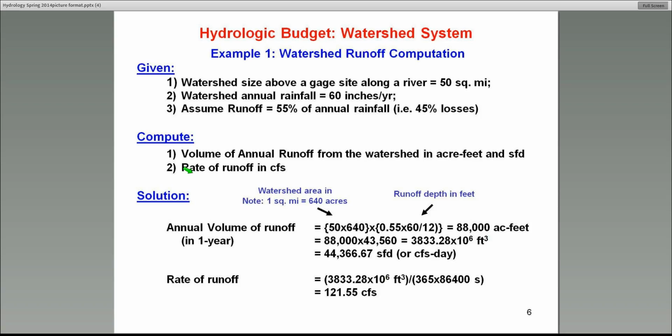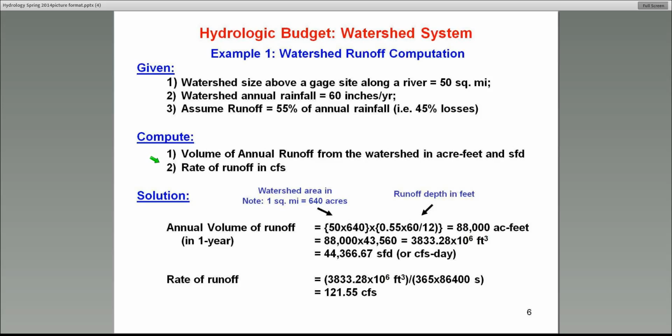The first thing we'll do is compute the volume of annual runoff from the watershed in acre-feet. Later on I'll relate this to rainfall excess, but right now let's call it annual runoff. I want it in both acre-feet and SFD. That's the first thing, and then we'll convert that to a rate unit.